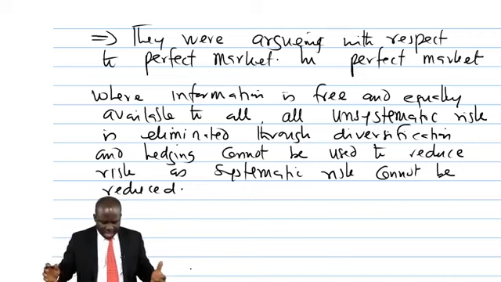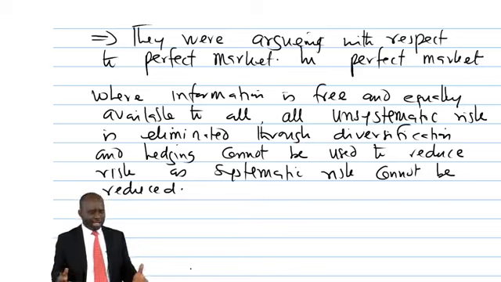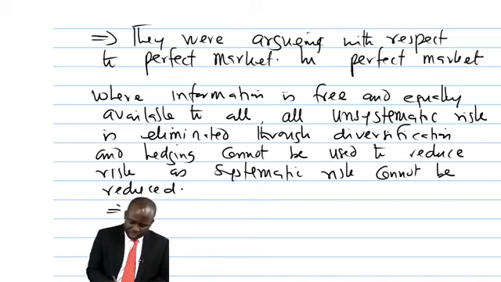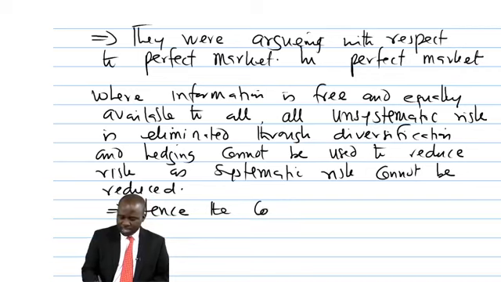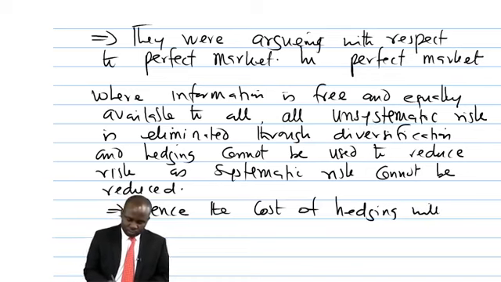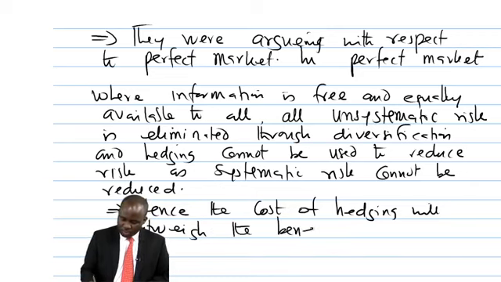Okay, so if we are in a perfect market, then the cost of that hedging will outweigh the benefit, and the market value of the company will actually reduce. Hence, the cost of the hedging will outweigh the benefit.